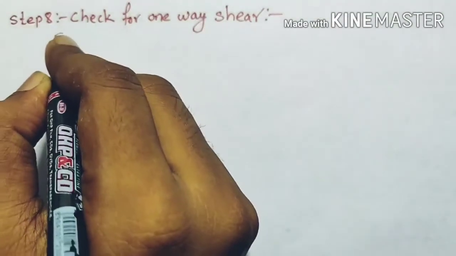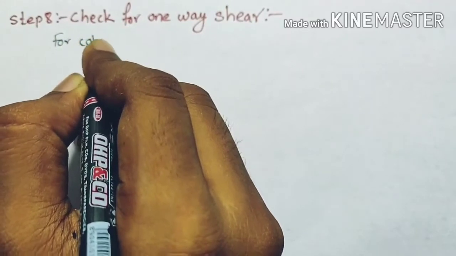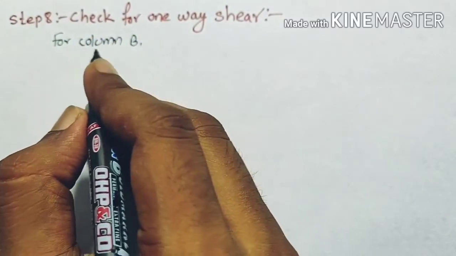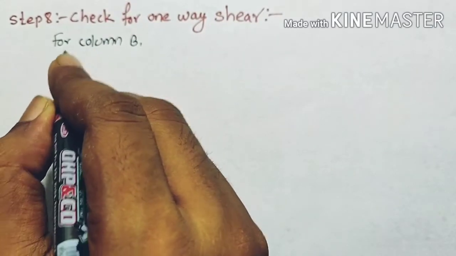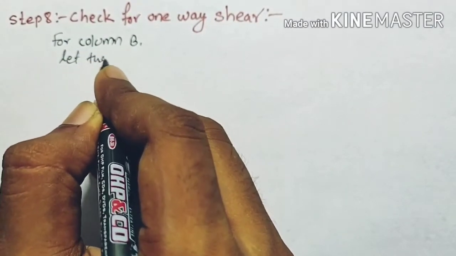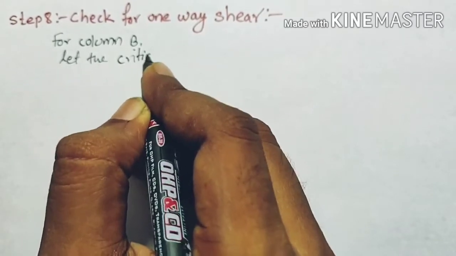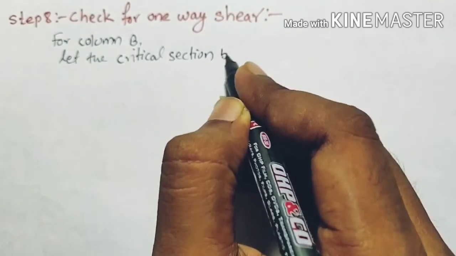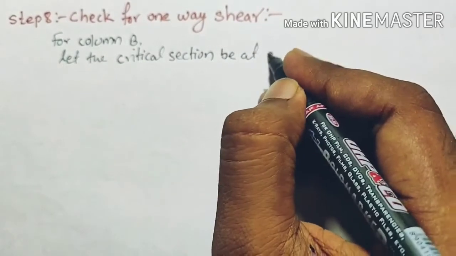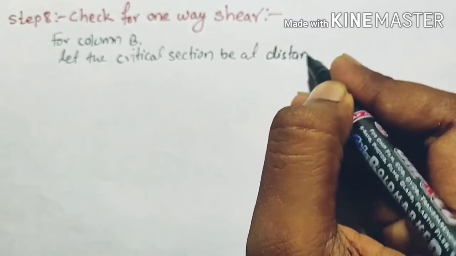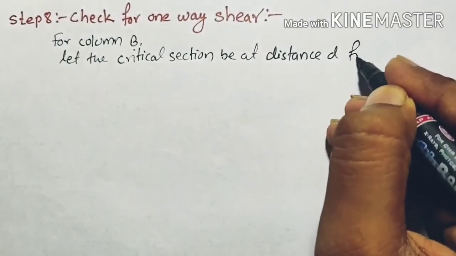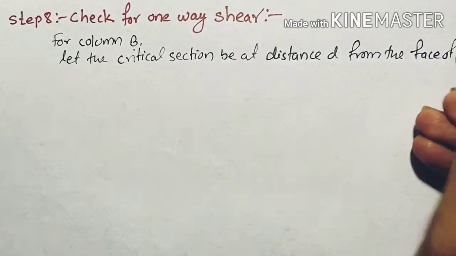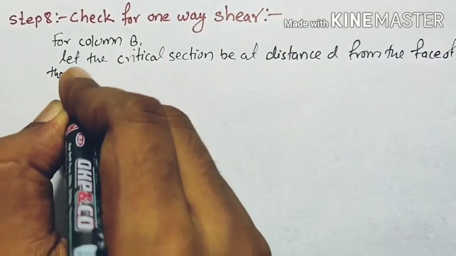So for column B, let the critical section be at distance D from the face of the column.